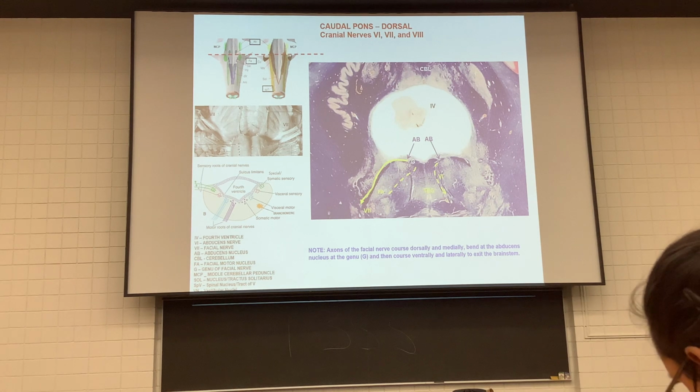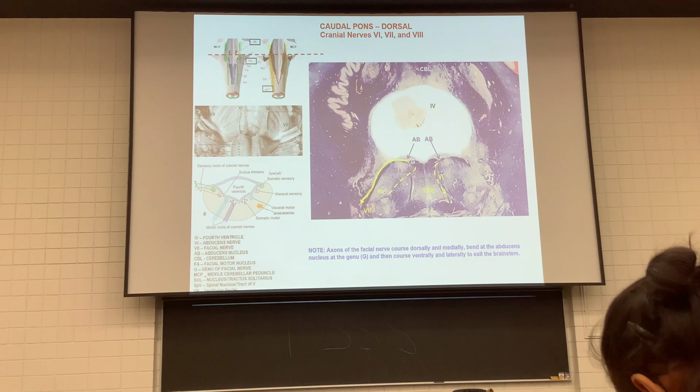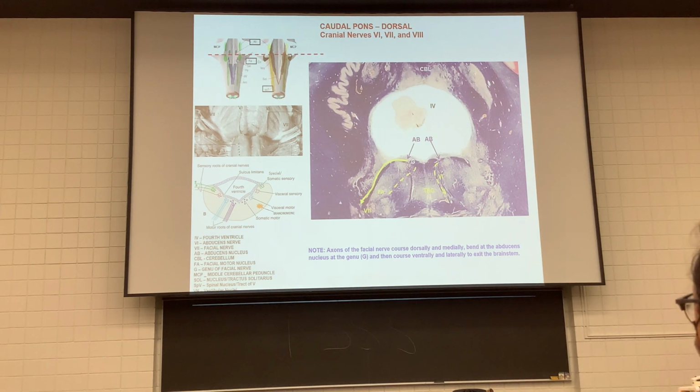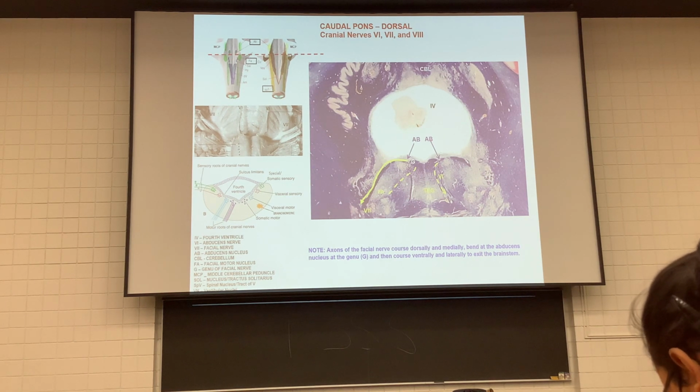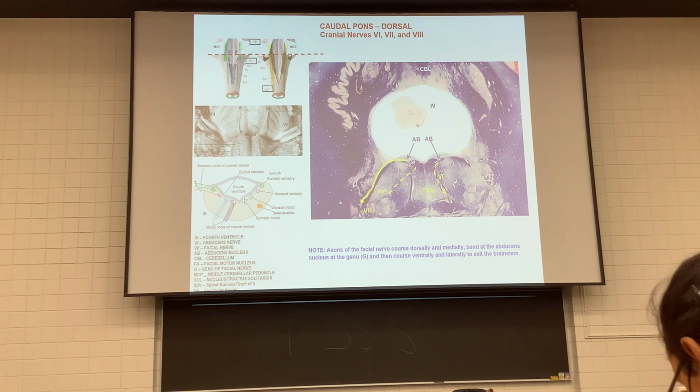I don't know why they didn't just hop over and go out, but they decided to go this way. Again, embryologically, I suspect they were all closer together, and then the facial nucleus migrated, and its axon kind of spun out behind it. Okay?